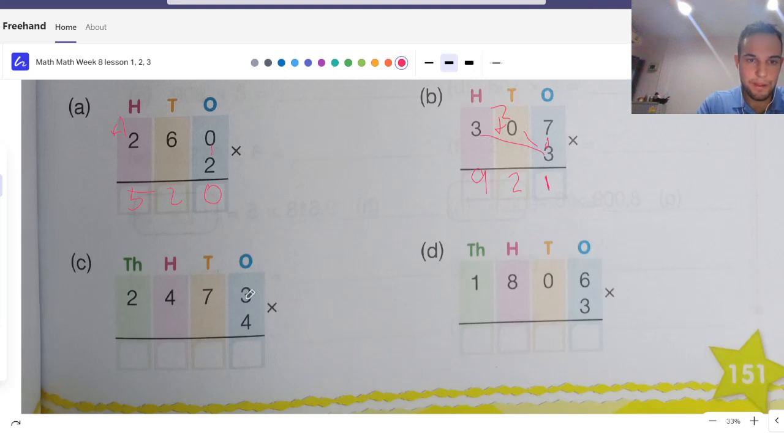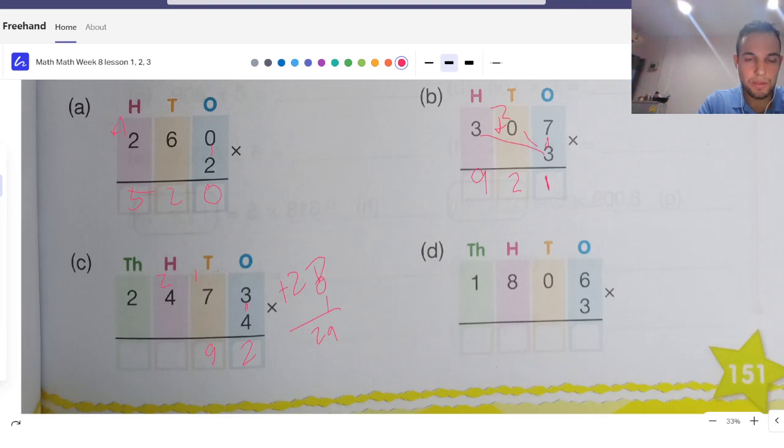Next we have 4 times 3 is 12. 4 times 7, 28. 28 plus 1 is 29. So we'll put a 9 here, carry the 1.